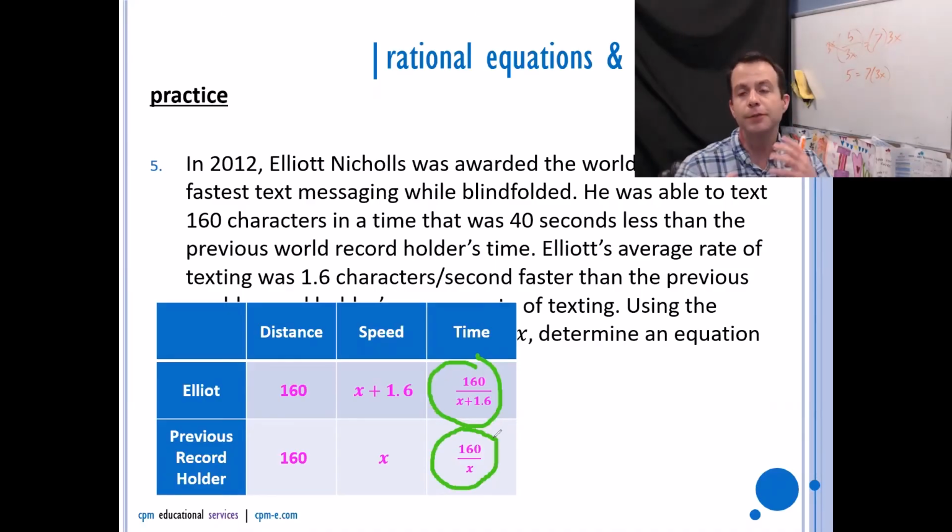I have to create an equation from that. There's a couple different ways you could do it. You could go the bigger number minus the smaller number has to equal 40. You could go the smaller number plus 40 equals the bigger number. Or you could go the bigger number minus 40 equals the smaller number. All of those equations would set you up to solve correctly, okay?